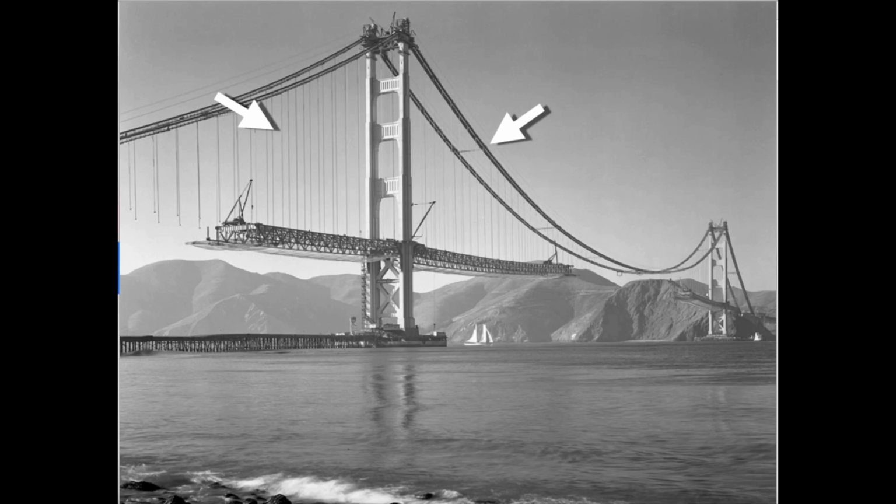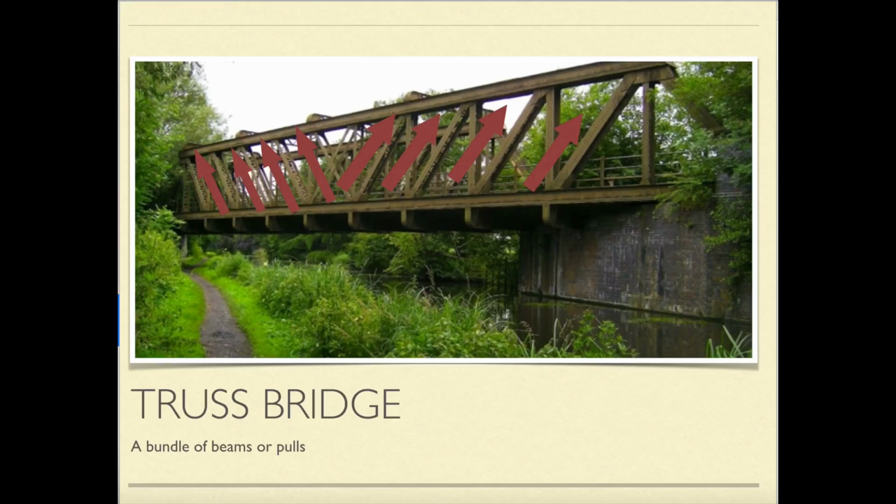And there's one final type of bridge I want to talk to you about. This is called a truss bridge. In the truss bridge, it's basically a bundle of beams or a bundle of poles going in opposite directions. This is a really sturdy kind of bridge. Once again, anyone crossing it is pushing down, and then the beams are pushing back up in opposite directions.